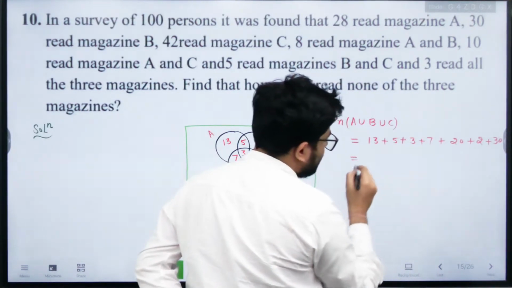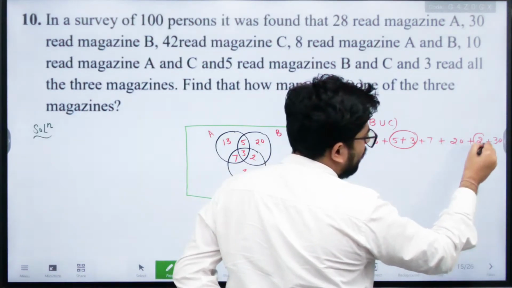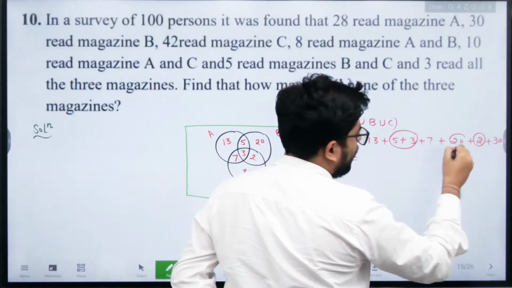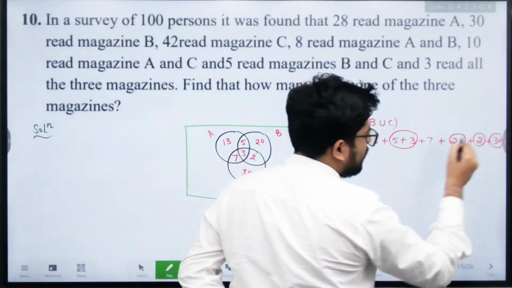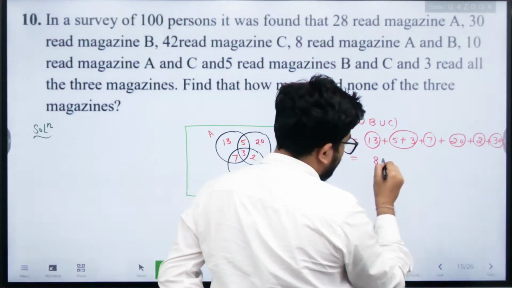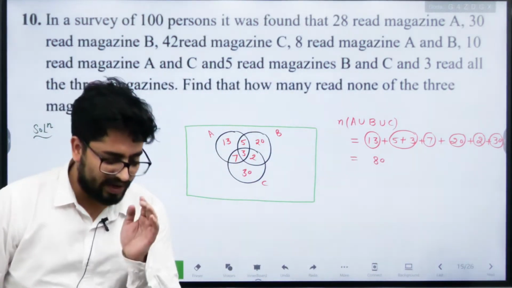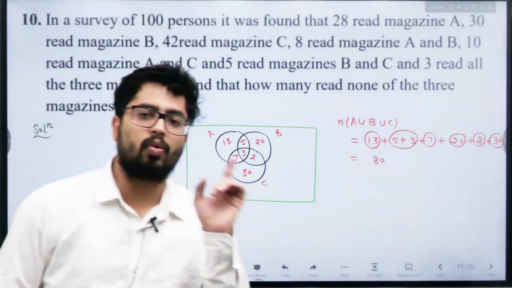So this is 8, 8 and 2, 10. 10 and 20, 30. 30 and 30, 60. 60 and 20, that's 80. So the number of elements in A union B union C is 80. So it means we have 80 persons who read at least one magazine.